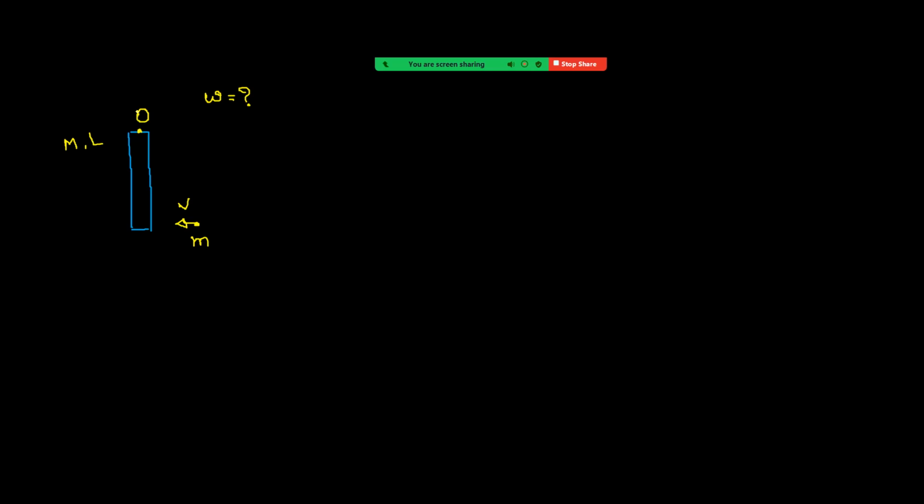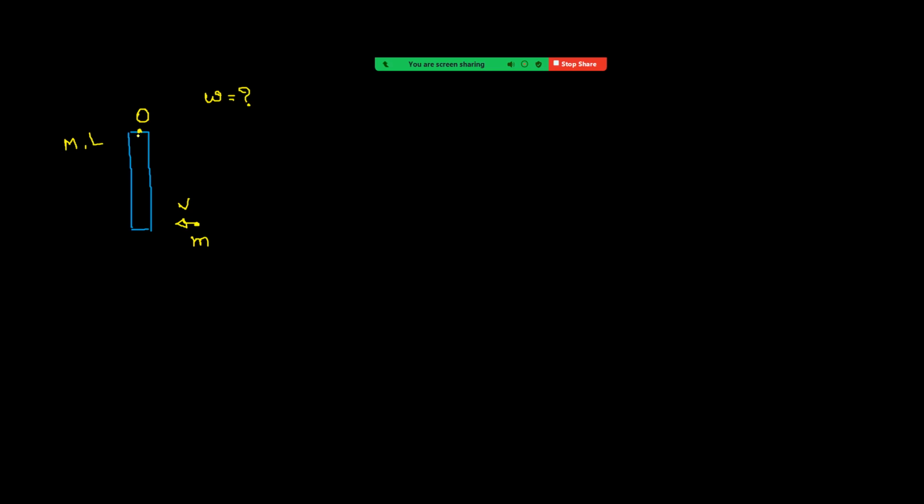Forces acting on the rod: Mg downwards, normal reaction upwards, and these two pass through the center of mass of the rod, and they cancel. Coming to the particle, again its weight mg downwards, normal reaction upwards, and these two cancel.